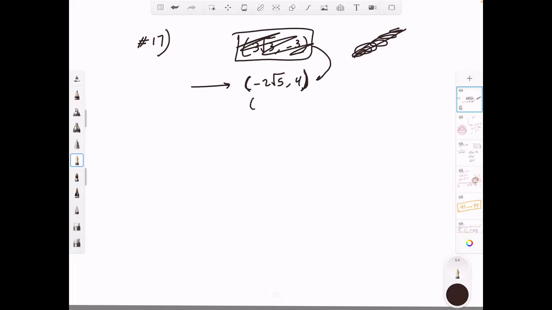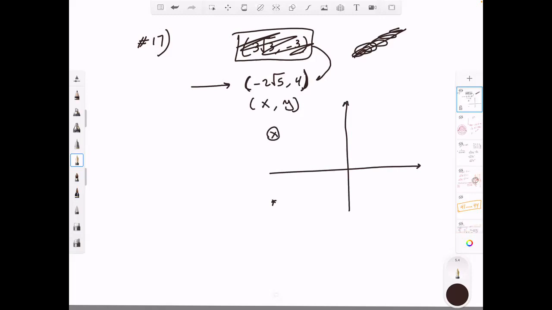So we have x and y, correct? On this quadrant, if x is negative, it's going to be on quadrant 3 or 4, but then y is positive, so it's only going to be on quadrant 2. Agree?